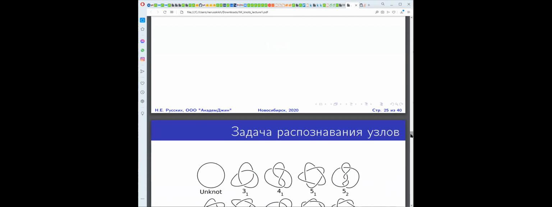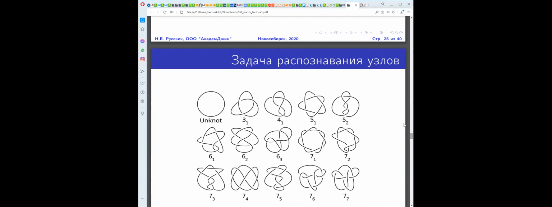Минут 5, наверное, можно сделать перерыв. Организационно завтра лекция будет или обе сегодня? Насколько я знаю, обе сегодня. Понятно. Давайте сделаем небольшой перерыв. Сейчас 1:26. Давайте в 35 минут встретимся, через 10 минут. Хорошо, в 35.